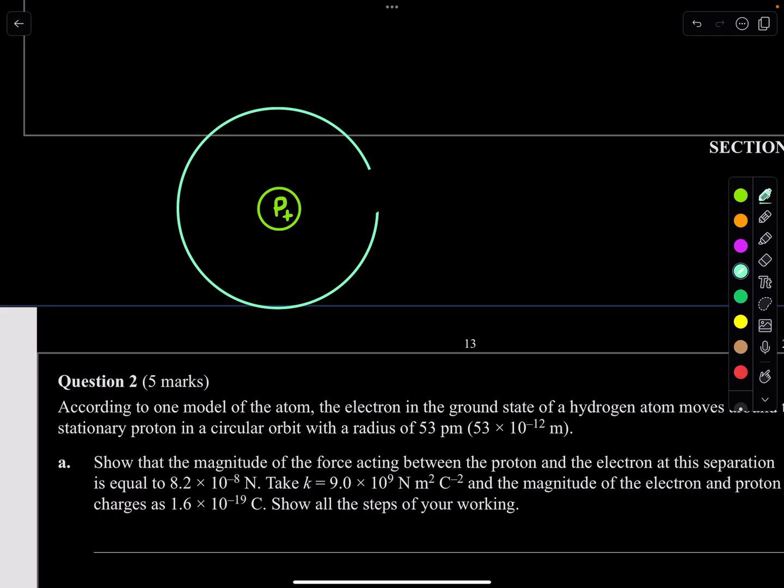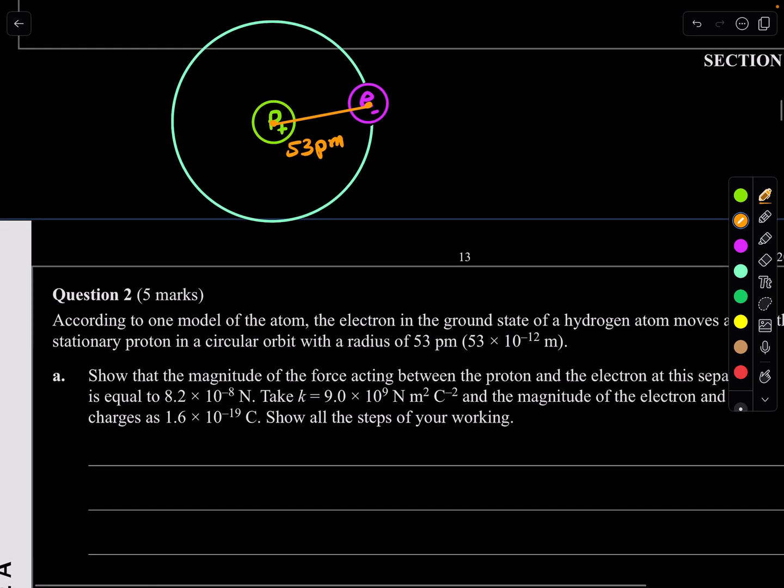We have a negative electron, and it's orbiting around this proton. And we know that the radius between the two centers, from here to here, is stated to be 53 picometers.